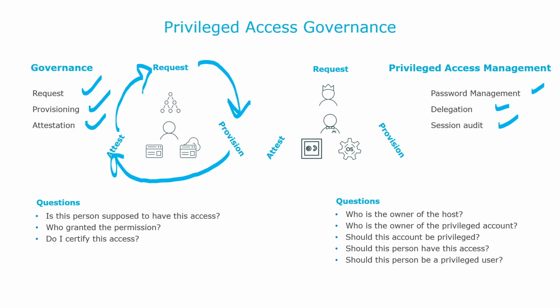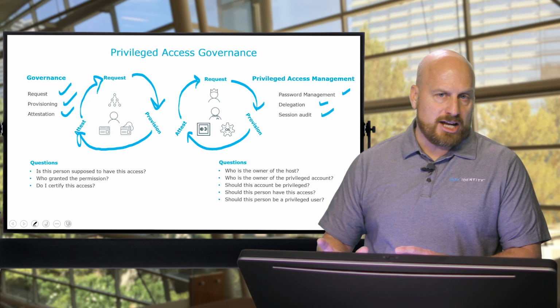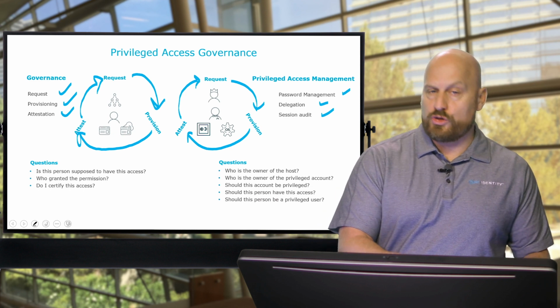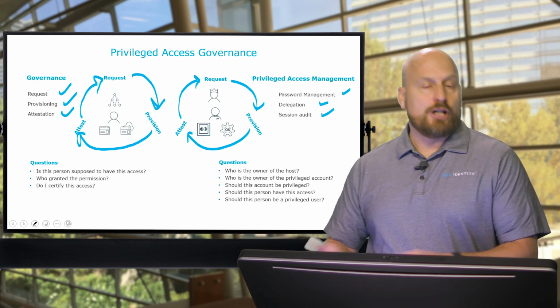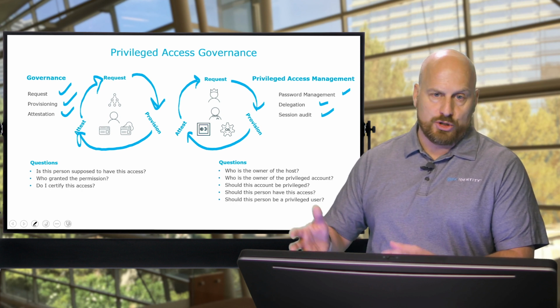But then you have a privileged access management solution, and it requires you to request a password, request an account, set up that account or that privileged access, and you also have the governance needs to attest to that access. So you often have duplicate governance tasks happening once for regular users with access to applications, but another time with privileged users and access to the privileged access management solution.